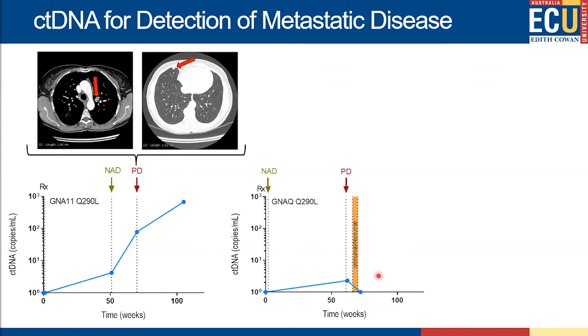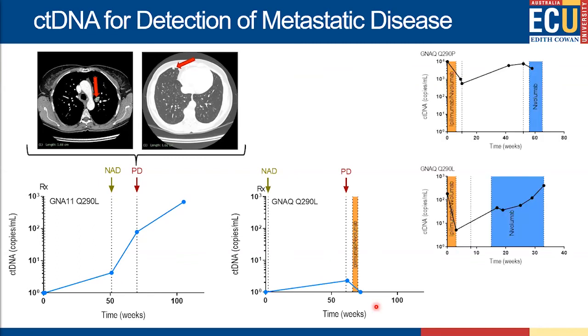However, it was not noted that there was a response to treatment in this patient, and we didn't have further blood samples, but patients in general eventually develop further disease progression.